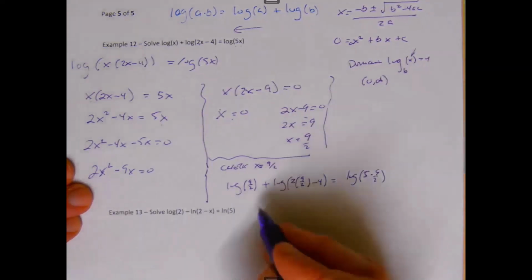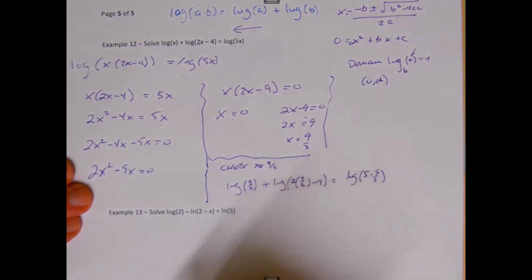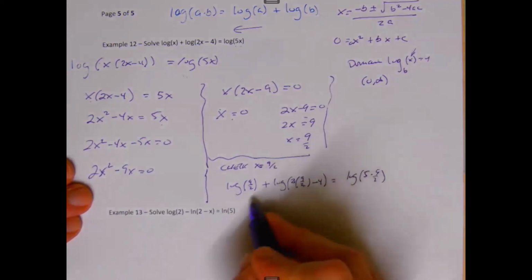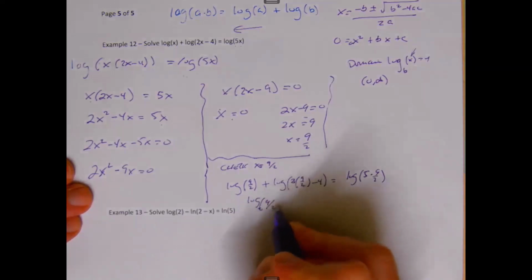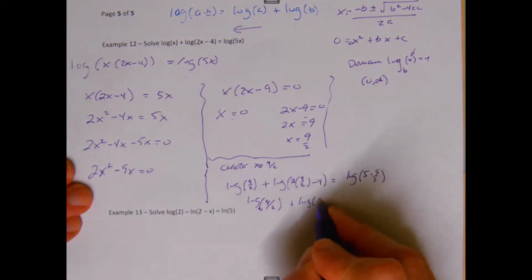So do I have an equality here? Let's figure this out. It's going to cancel here. What I have now is log of, again, 9 minus 4, that's a 5.